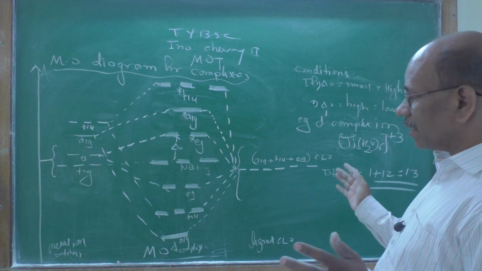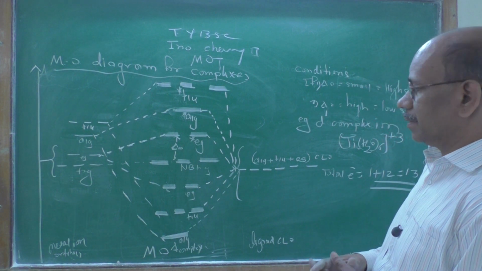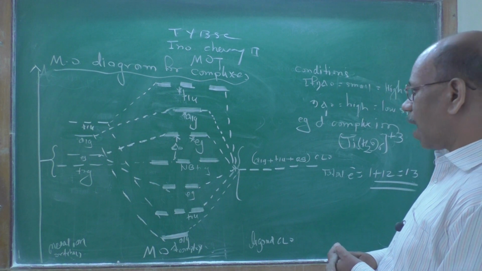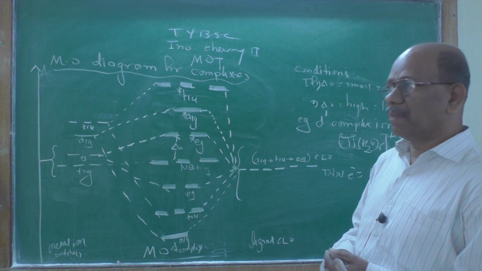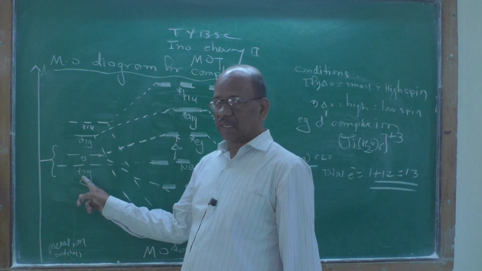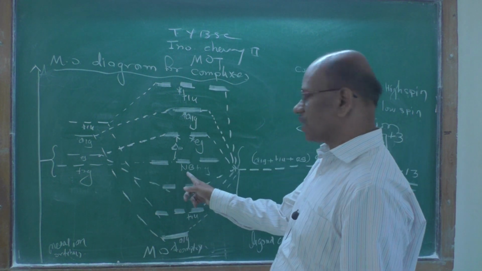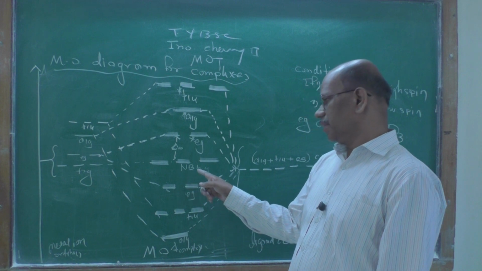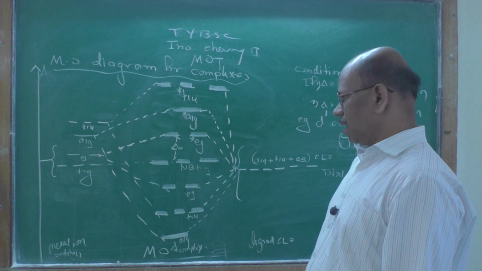Then these combine. T2g composite ligand orbitals are not available, and therefore the metal T2g orbitals remain as they are, and those are called non-bonding T2g orbitals.